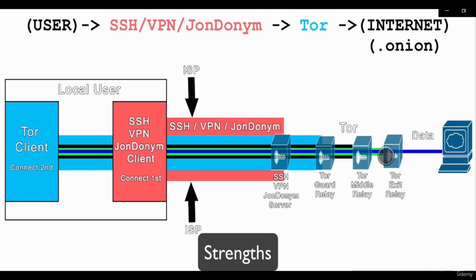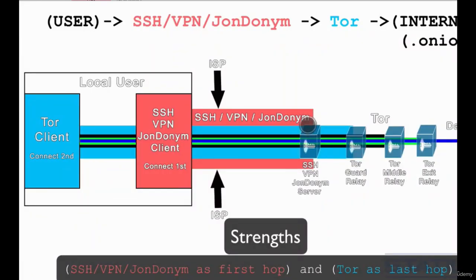Let's have an example: if an attacker gains the Tor guard relay or passes the Tor middle relay and finally the Tor exit relay, and Tor stores the activity of the local user by incoming SSH, VPN, Jondonym attack. The SSH, VPN, Jondonym server creates an extra layer for the incoming attack.